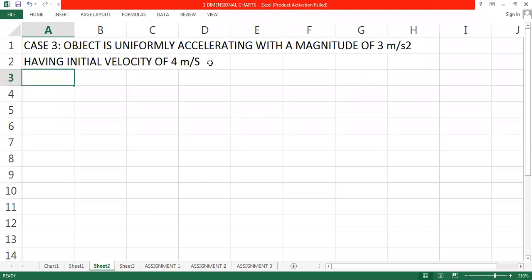Chalo, let's do it. Yes, beta, this is case 4. Sorry, please write down it's case 4.